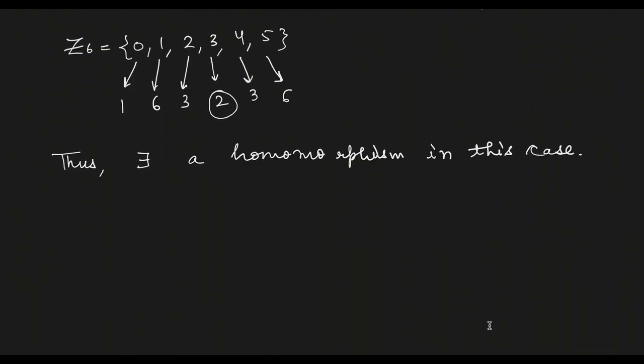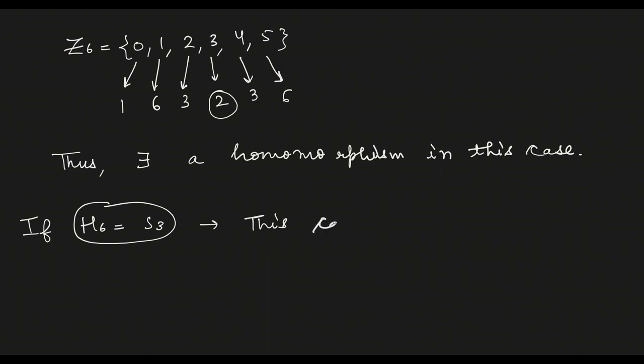ठीक है. Now next, if H6 is equal to S3, so whenever our normal subgroup is equal to the group itself, then it will always give a homomorphism, and that too a trivial one.